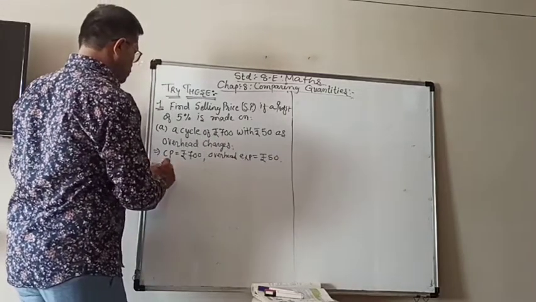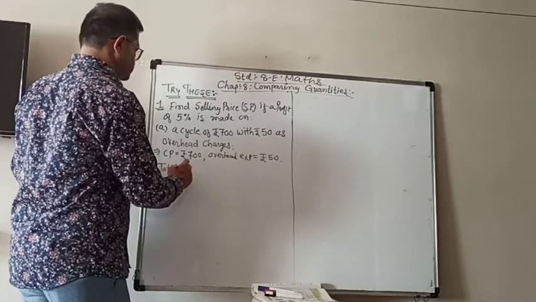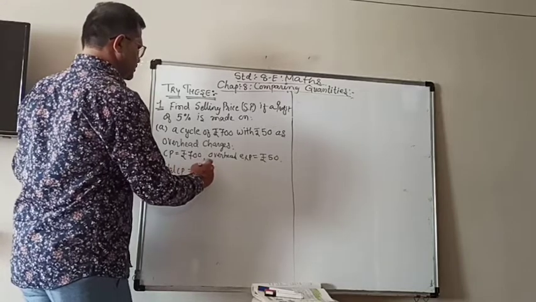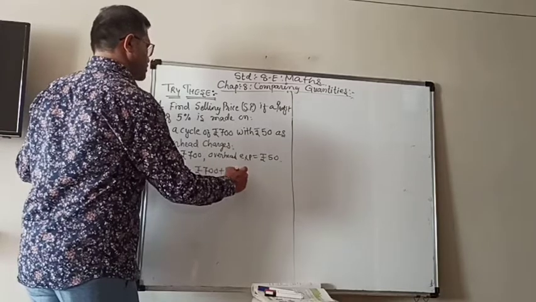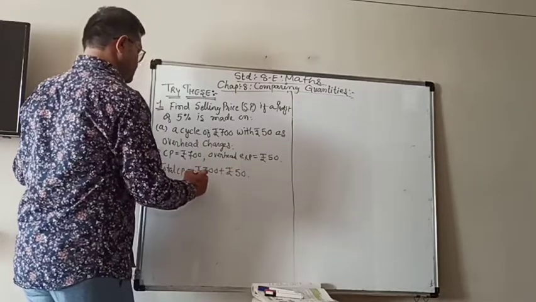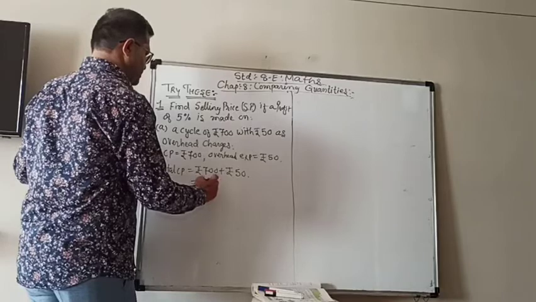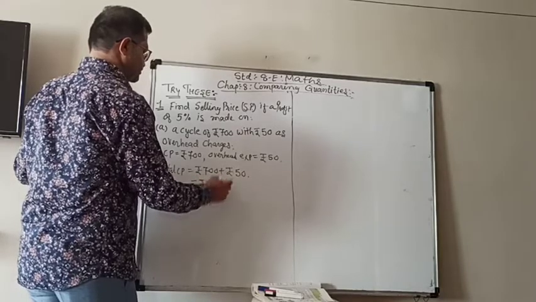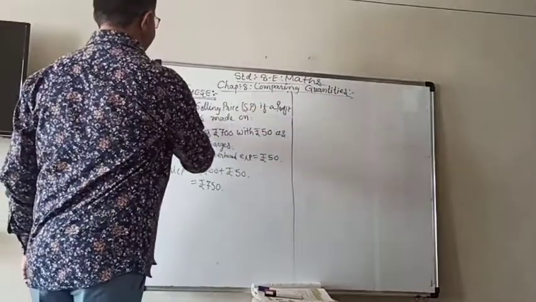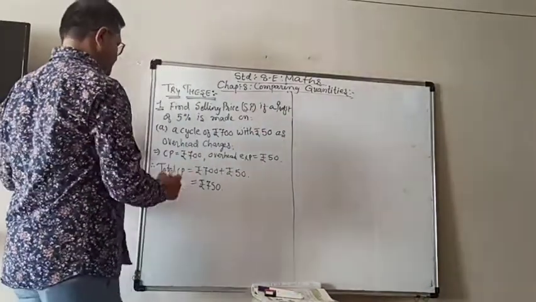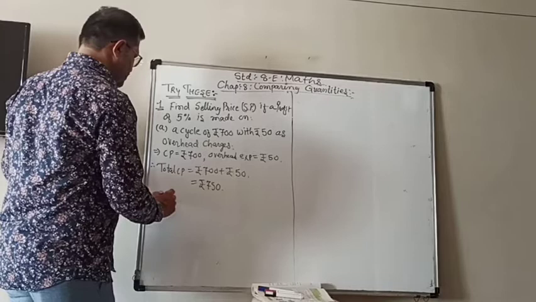So therefore total CP is equal to rupees 700 plus rupees 50 and that is rupees 750. Now profit percentage is given, 5%. So now we have to find profit.